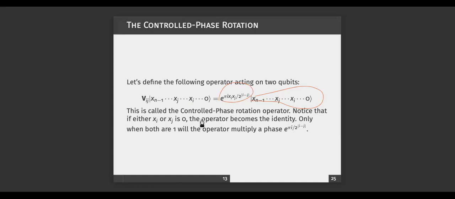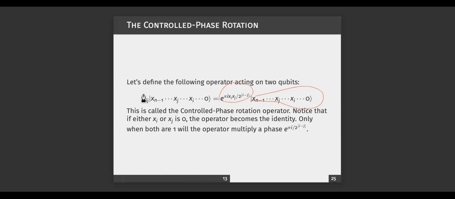This is called a controlled phase rotation operator. We know that the value of xi or xj is either 0 or 1. If either of them is 0, then the entire factor becomes 1, and this becomes the identity.